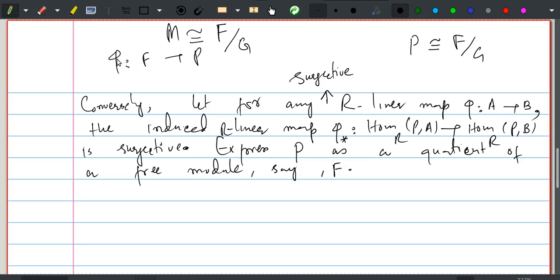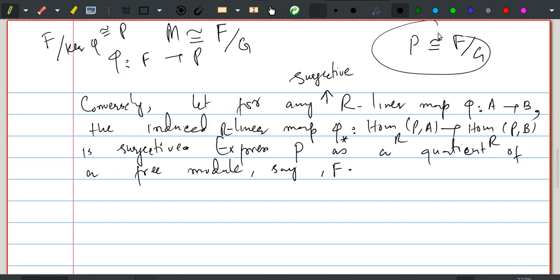If phi from F to P is a surjective R-linear map, then F mod its kernel is isomorphic to P. Now we can substitute this kernel of phi to be G. So this is an if and only if condition.